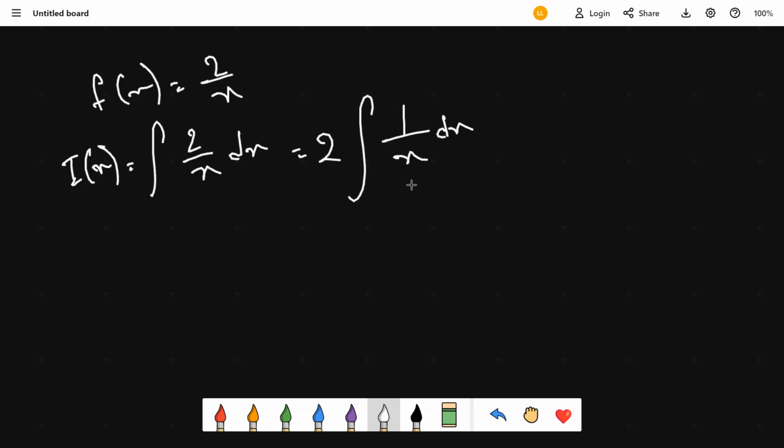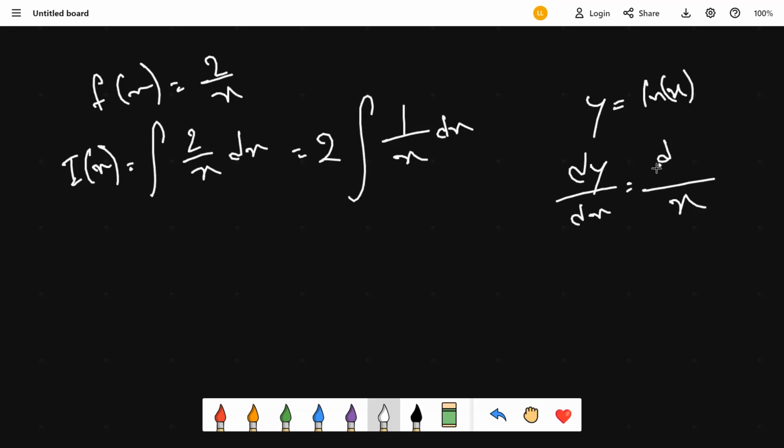Could you recall where you have seen this type of expression previously? If you can't recall, then let me help you. Remember, if we have an equation y equals ln of x, and if we differentiate it, what happens? The inner function comes to the denominator, and that inner function gets differentiated with respect to x.